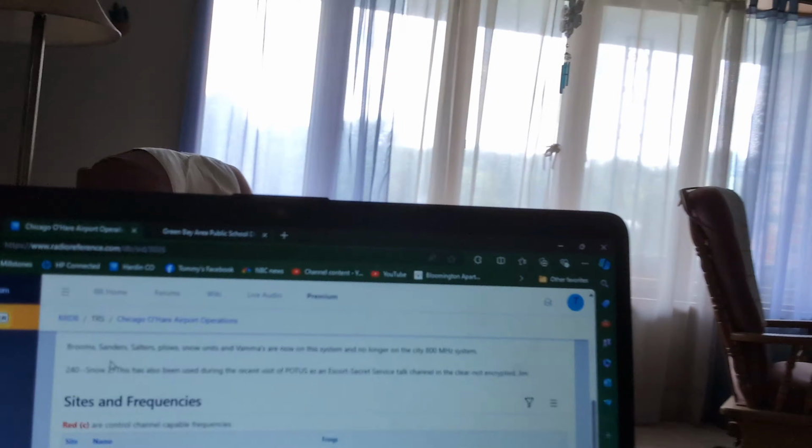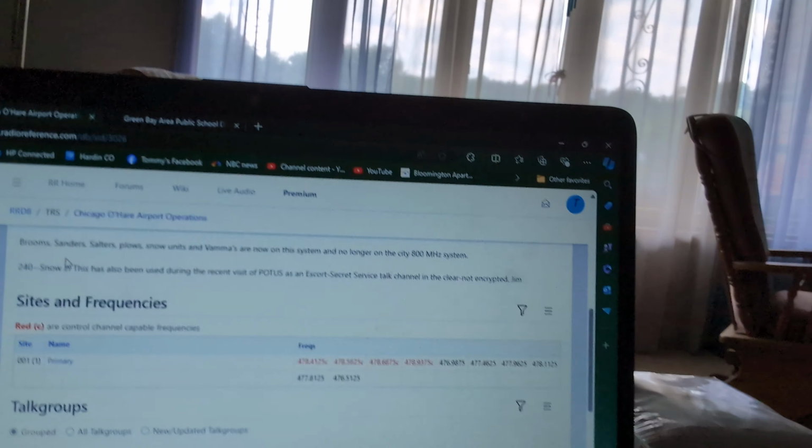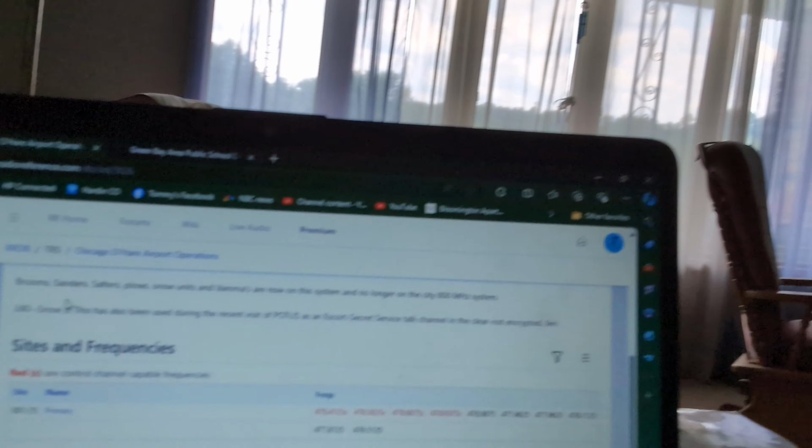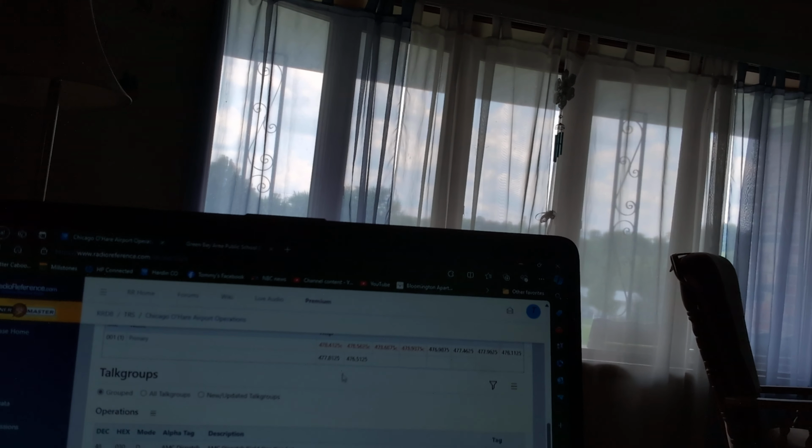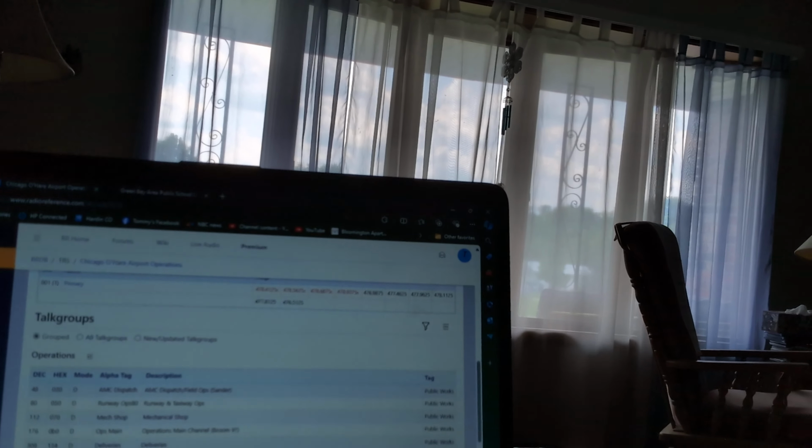Let's look here at the radio frequencies. We see that they use the 470 megahertz. This is their operations radio frequency.